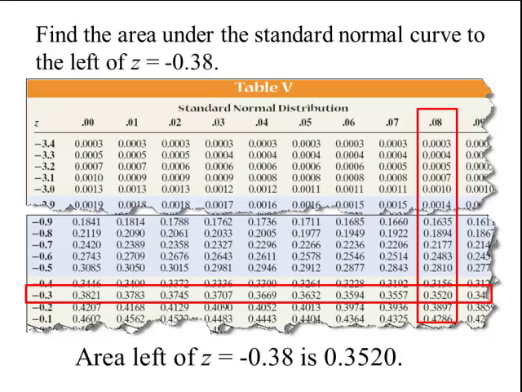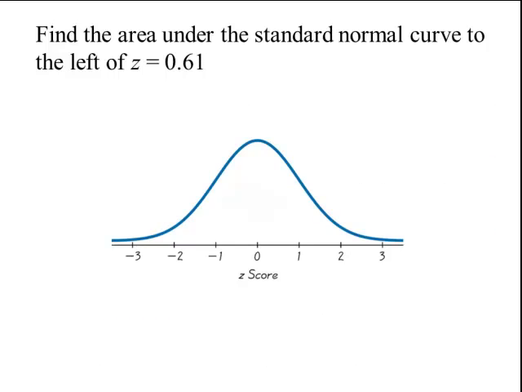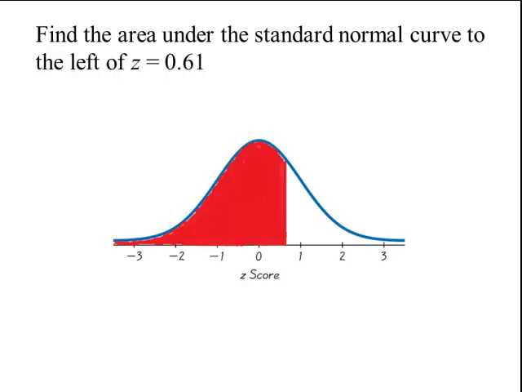Let's look at another example. Find the area under the standard normal curve to the left of z equals 0.61. Positive 0.61 is above 0. So we can see just from our picture this answer should be more than 0.5, because again half the graph to the left of 0 is 1/2 and this is larger.